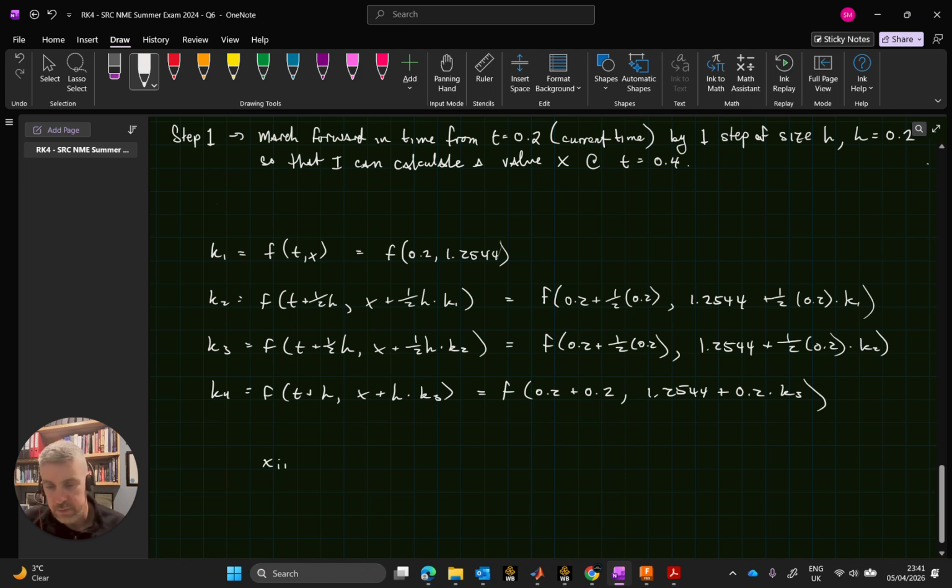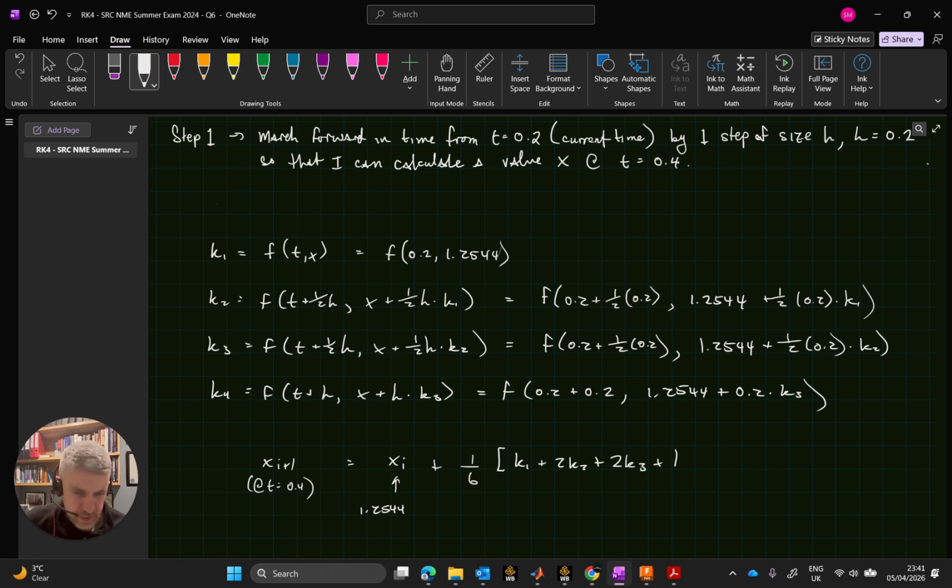X of i plus 1, so that there, of course, at t equals 0.4 is equal to x of i, which in this case now is 1.2544 plus 1/6 of my K1 plus 2K2 plus 2K3 plus K4 multiplied by h, which again is 0.2, and so on.